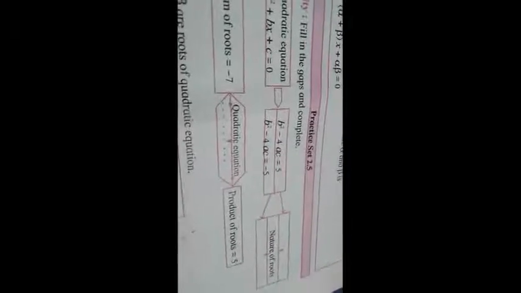In the first box, b square minus 4ac is 5, a positive number greater than 0, so you will write roots are real and unequal. And for negative, less than 0, you will write real roots do not exist, or no real roots.